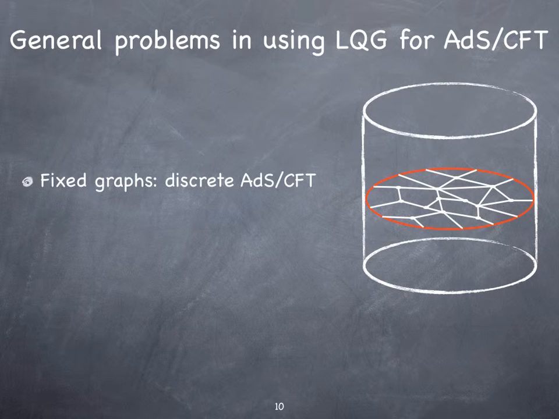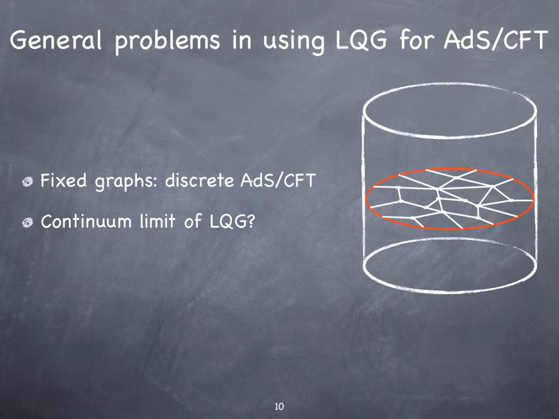So if you use states that we have under good, or appropriate, control in loop quantum gravity, which are states defined on a single graph, then you would actually need some discrete version of the AdS/CFT dictionary, because with such a state your boundary is discrete and also your bulk is discrete.